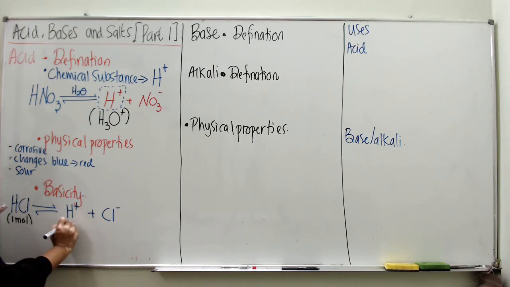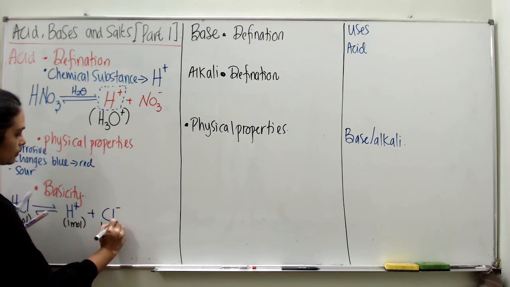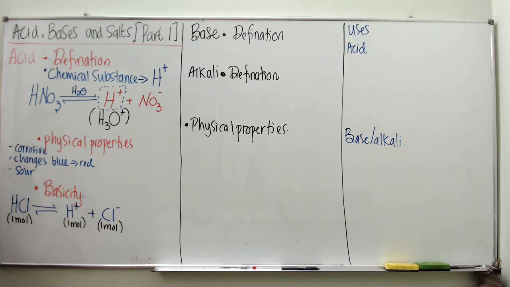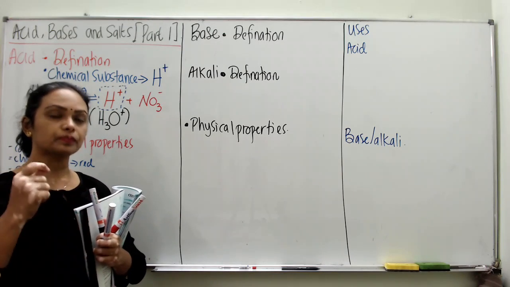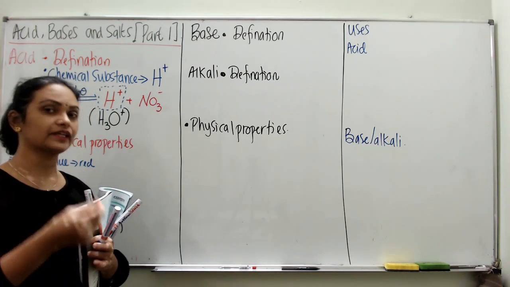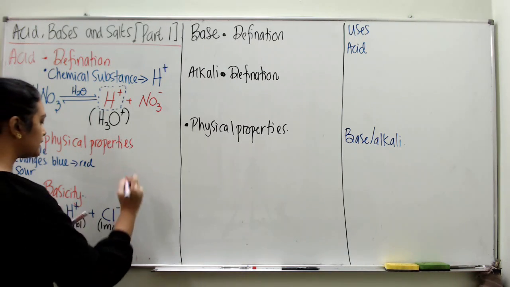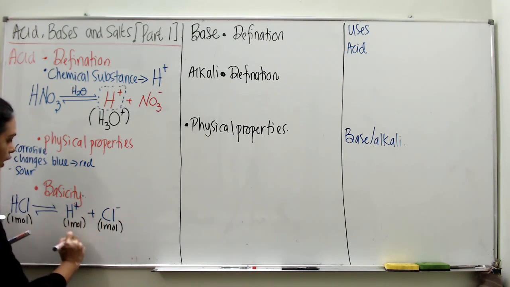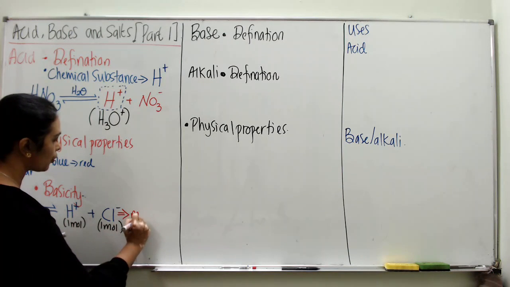This is what we call basicity, the amount of hydrogen ion per molecule produced when you ionize it in water. That is the reason it has a special name. This 1 mole hydrogen ion is an example of monoprotic acid.